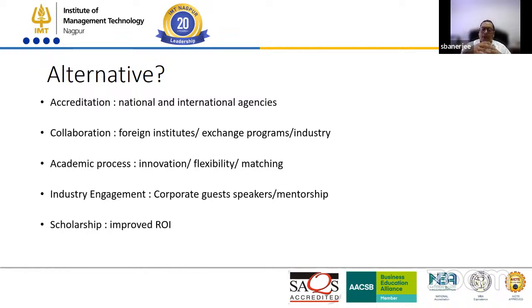Because an institute like IMT Nagpur, if I talk about my institute, offers a scholarship of 20% of the academic fees for all female candidates, right? Which essentially means that for female candidates, the cost of the program is not 15 lakhs. It's almost 20% less.